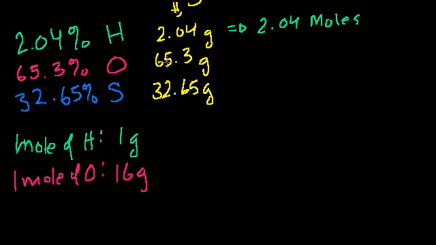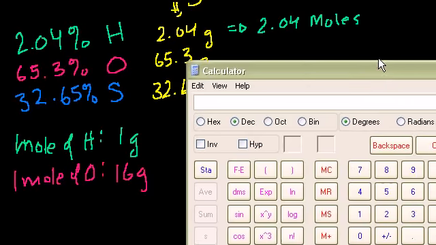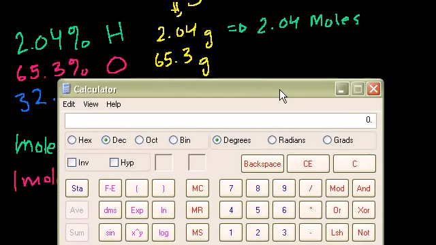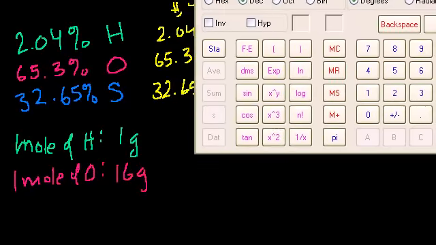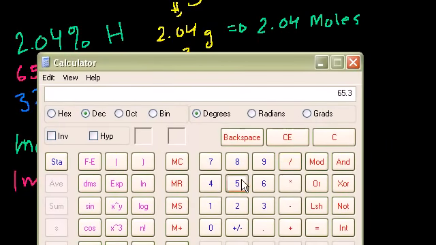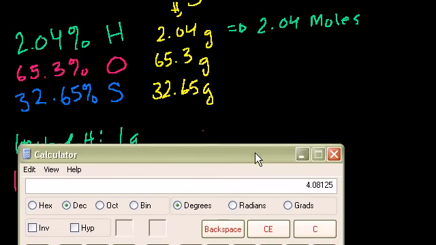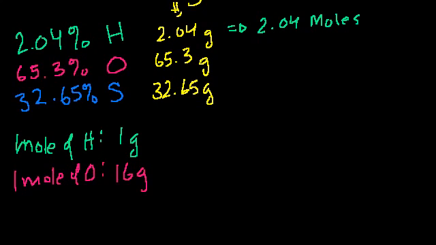We have 65.3 grams of oxygen, and 16 grams per mole, so you divide by 16. It equals 4.08125. I don't want to get too precise here, so 4.08 moles of oxygen.